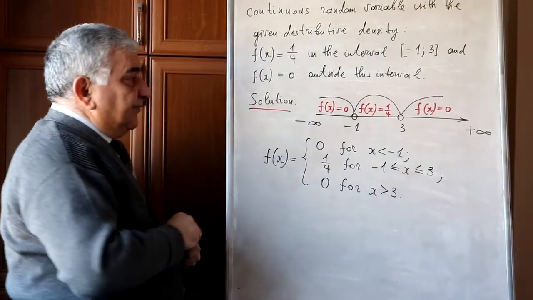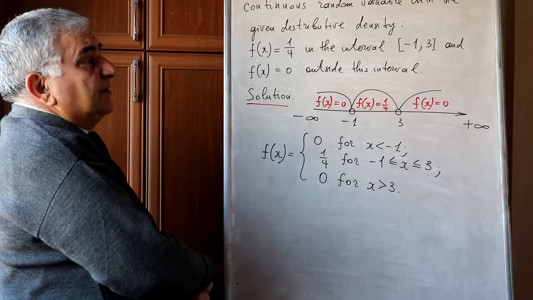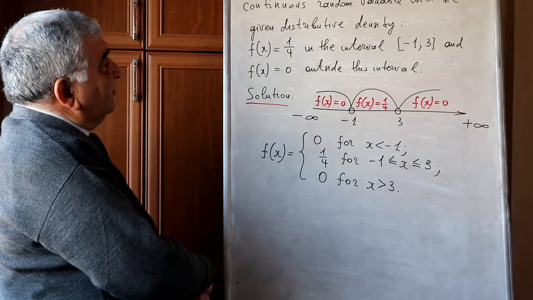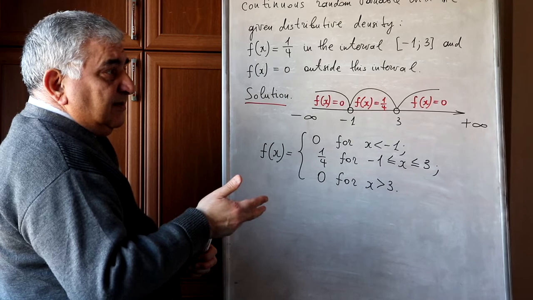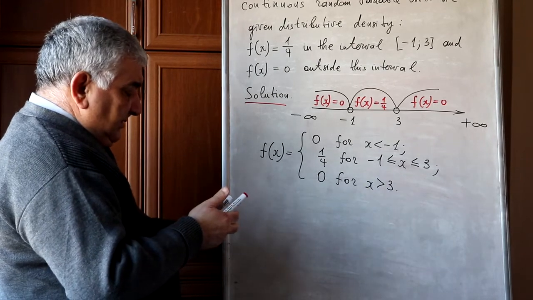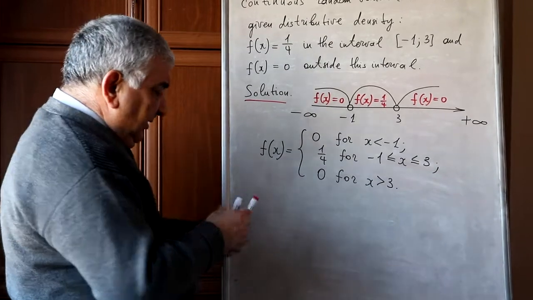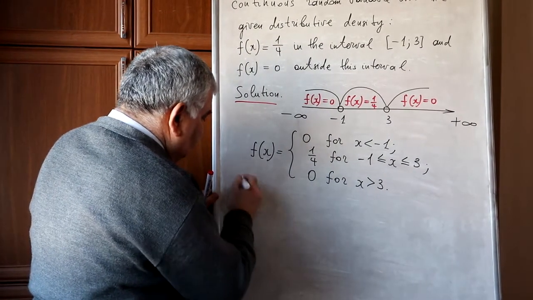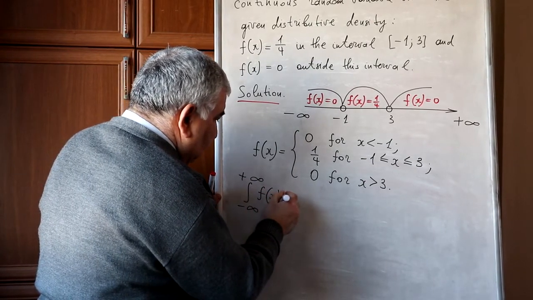First, check the main probability equality for the given distributive density. That is, verify the formula: integral from minus infinity to plus infinity of f of x dx is equal to unit.